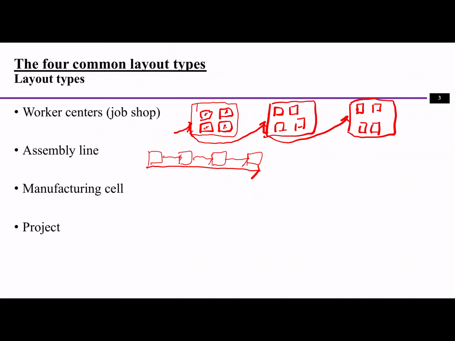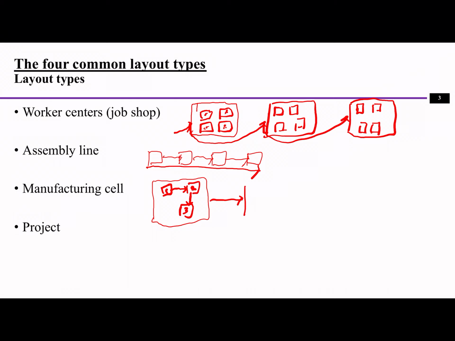Another type of layout is the manufacturing cell layout, or cellular manufacturing. We kind of discussed that in the first lecture. In a manufacturing cell, we group several processes together. Maybe this is 1, 2, 3, and the parts will go through all these processes to make a composite part, right?